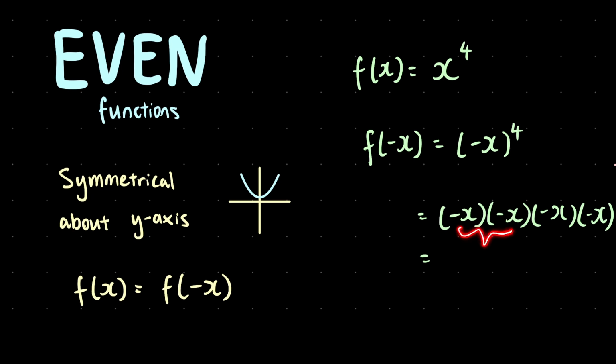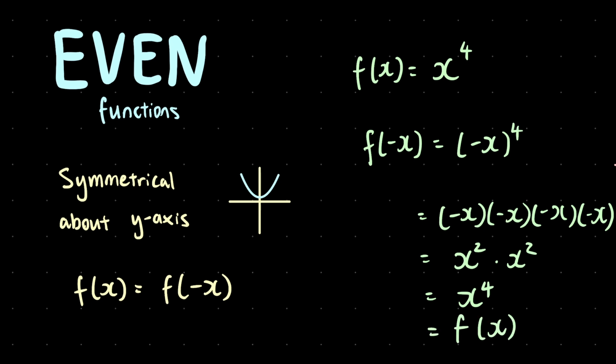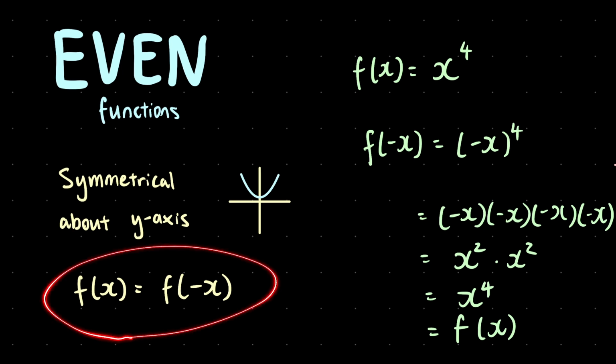If we looked at two of these at a time, we would have one x squared multiplied by another x squared, and that would be a positive x^4. And x^4 is basically our original function. So that means that our answer is equal to f(x). Or you could just remember that an even power always results in a positive number.